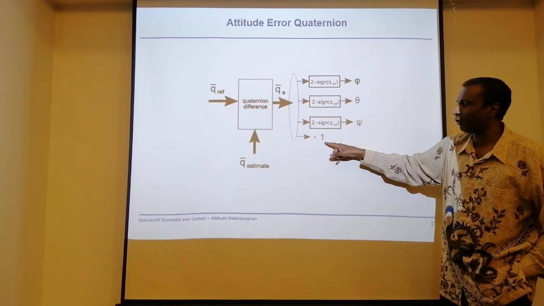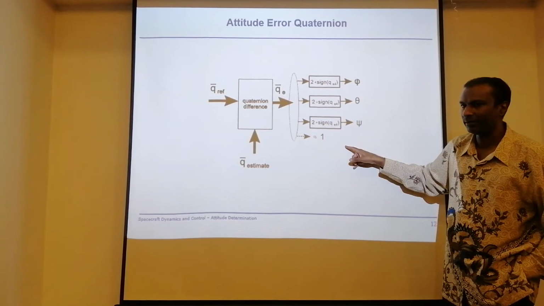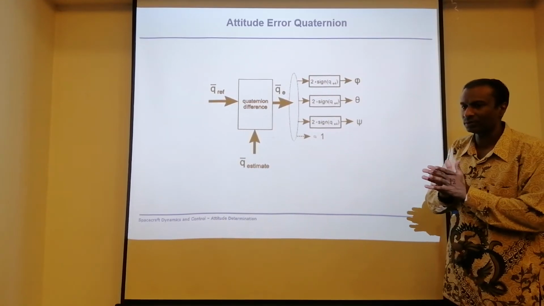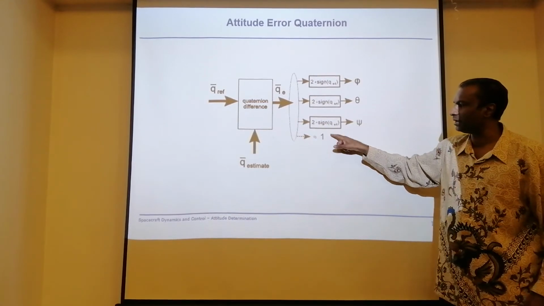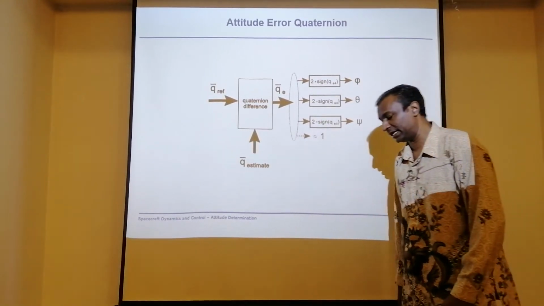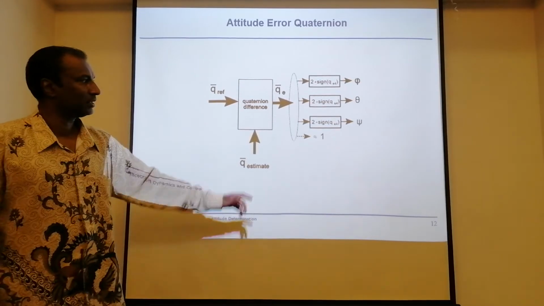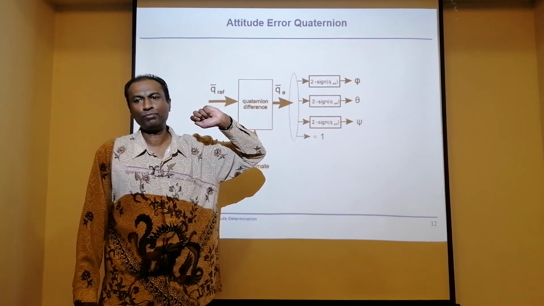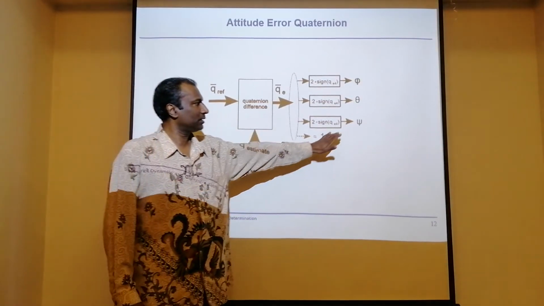And the fourth, Q4, equals 1, which means that they are almost parallel already. So this is only valid when Q4 is almost 1. If you have, let's say, a Q4 of 0.5 or 0.2, the angle will be too big, that means the angle is huge. So for very small Euler angles, this is valid.